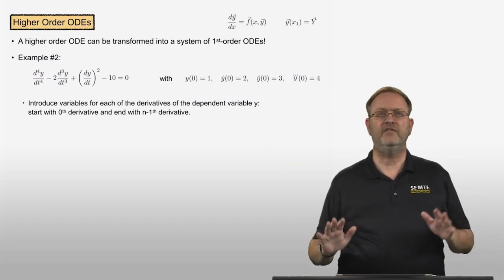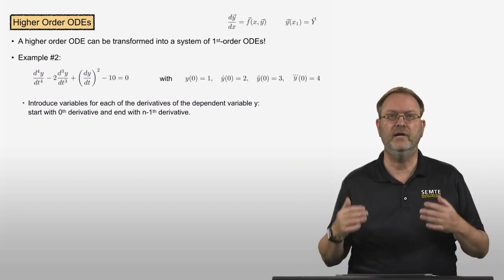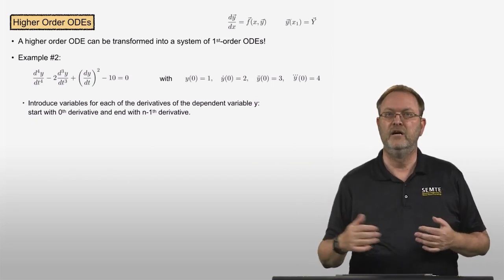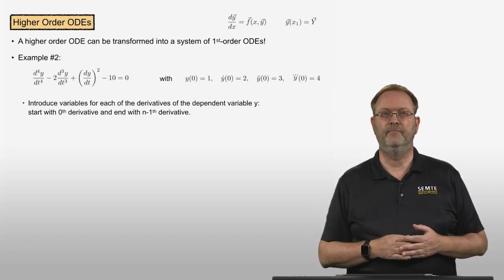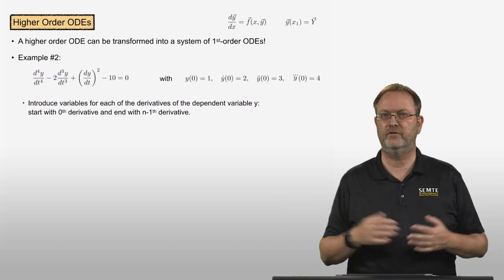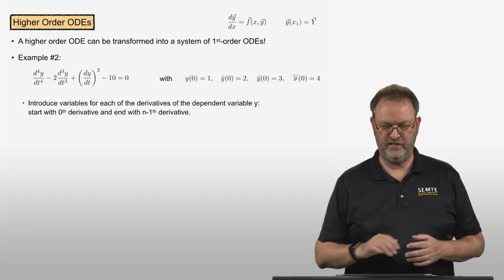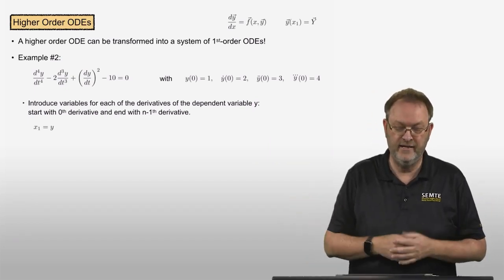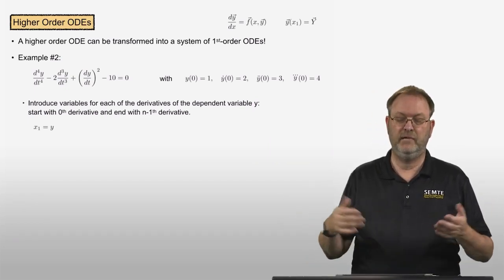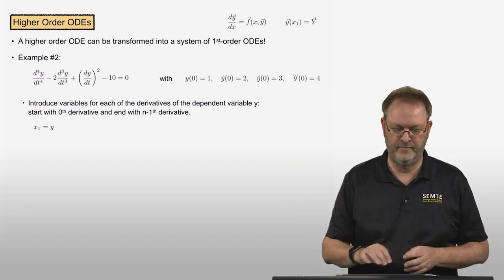Now, the strategy to transform this into a system of first order ODEs is to introduce variables for each of the derivatives of the dependent variable y. And we start with the 0th derivative, and we will end with the n minus first derivative. So let's start. I'm going to introduce a new variable x1 that will be the dependent variable y itself, right, the 0th derivative.